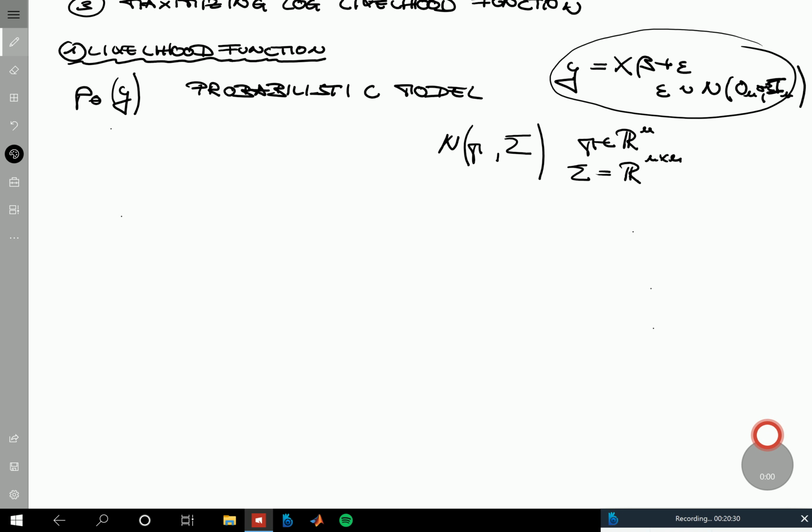Yeah, but what is the covariance matrix then of the data? So it's not the epsilon, obviously.